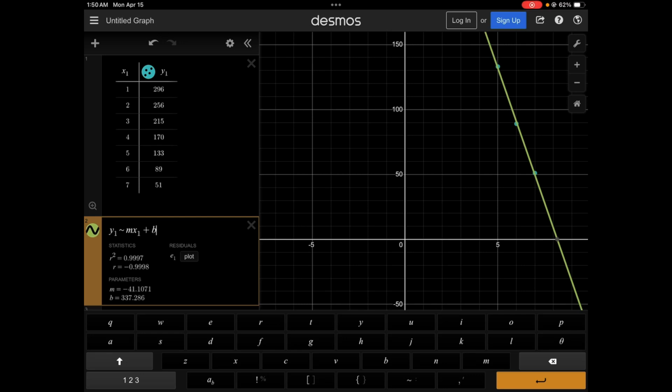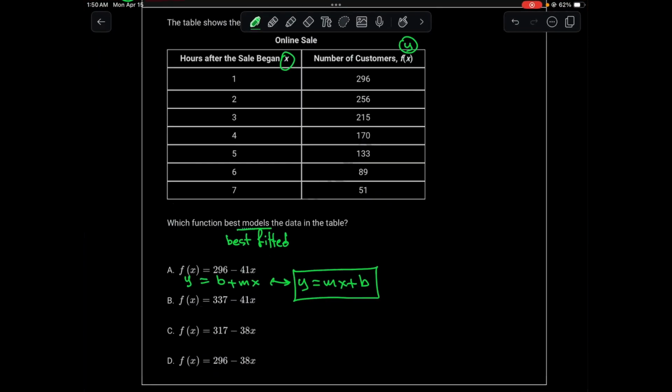So roughly negative 41 and 337. Now let's see which one gives me that. Negative 41 for the slope is the first and the second, so the C and D are not in, and 337 is B, so here's the answer is B.